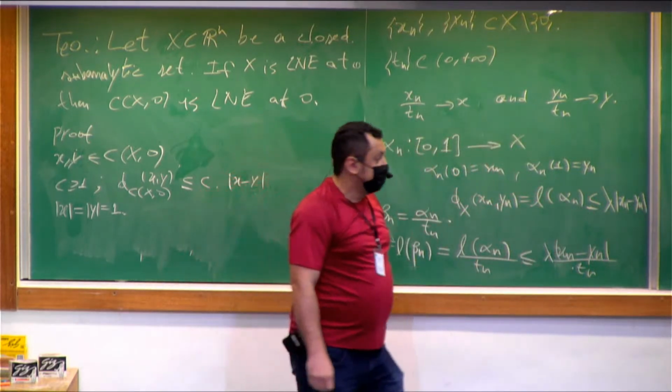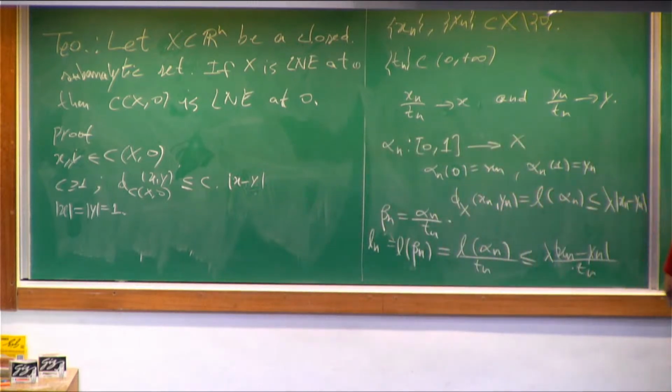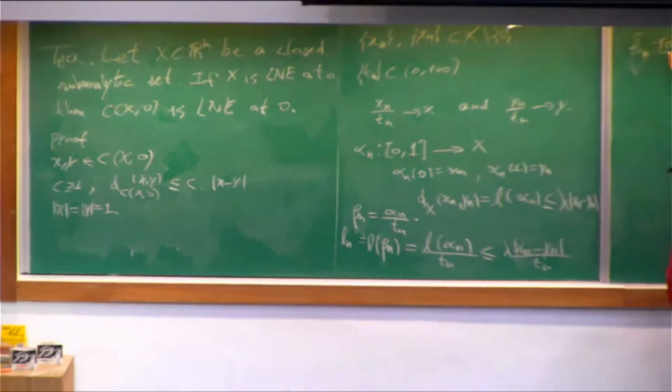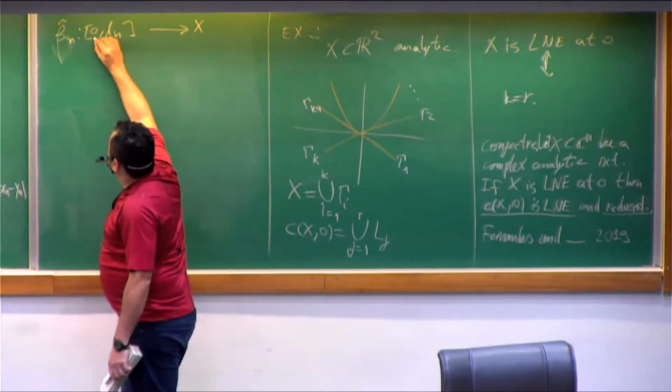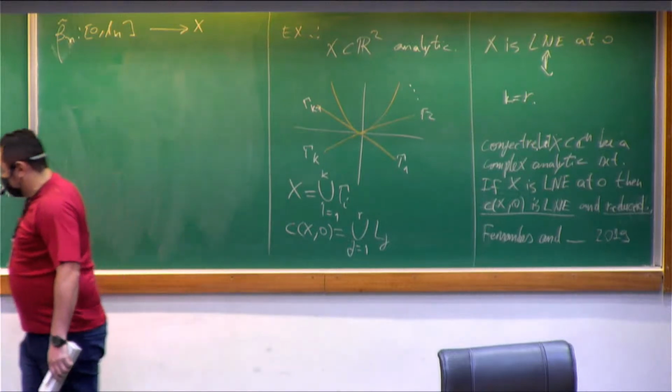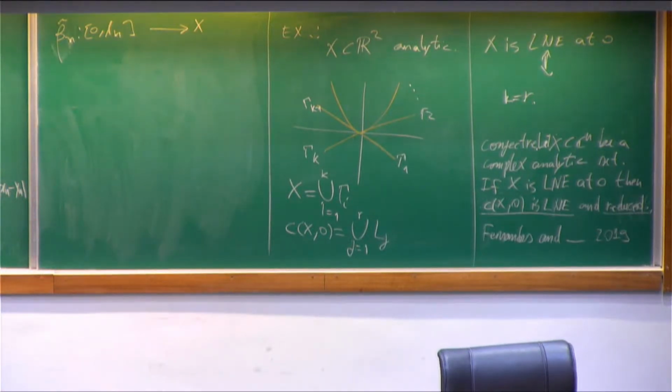So this guy is one Lipschitz. And of course, beta n of 0 is xn, and beta n of Ln is yn.